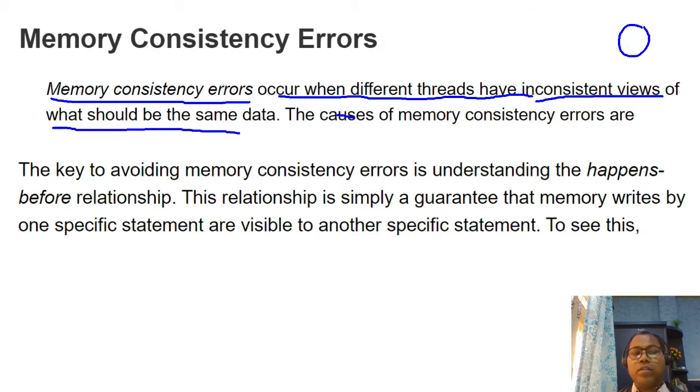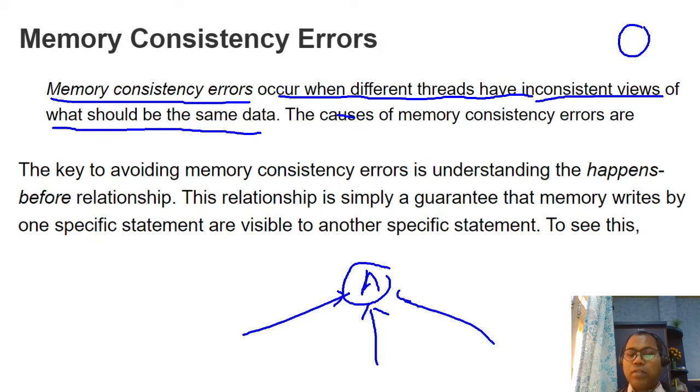What should be the same? If this is one value stored here, A, then thread 1 reads A, thread B also reads A, thread C also reads A. But sometimes thread A reads A and sometimes B reads a different value, a different view. This is the cause of memory inconsistency.